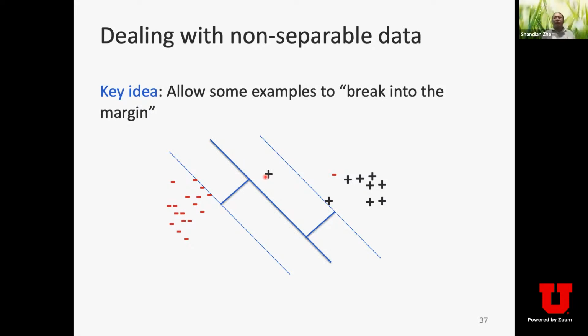We want to adjust our formulation to give some flexibility so that we can identify and exclude some outliers. Then we maximize the margin for the remaining training examples, which are linearly separable. That's the idea of the soft SVM.